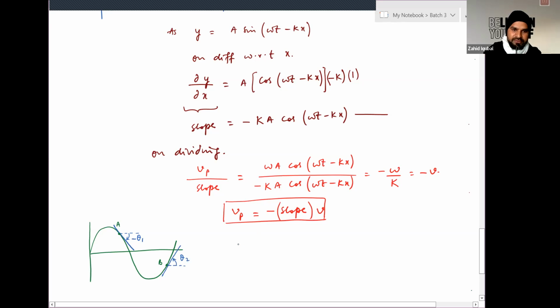So according to the above relation, the velocity of the particle at point A is minus of slope, that is tan theta, which is negative. So it will be minus of tan theta 1 multiplied by wave velocity. So minus and minus will become plus, v times tan theta 1. It means particle velocity at point A is positive. It means it must be going up at this instant.